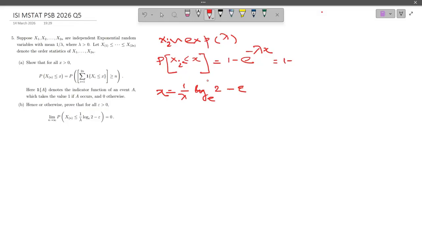If you calculate it out, this comes out to be 1 − e^(lambda epsilon)/2. Now epsilon is positive, lambda is also positive, and e is a number bigger than 1. So e^(lambda epsilon) is bigger than 1, so e^(lambda epsilon)/2 is bigger than half. So 1 − e^(lambda epsilon)/2 is less than half.